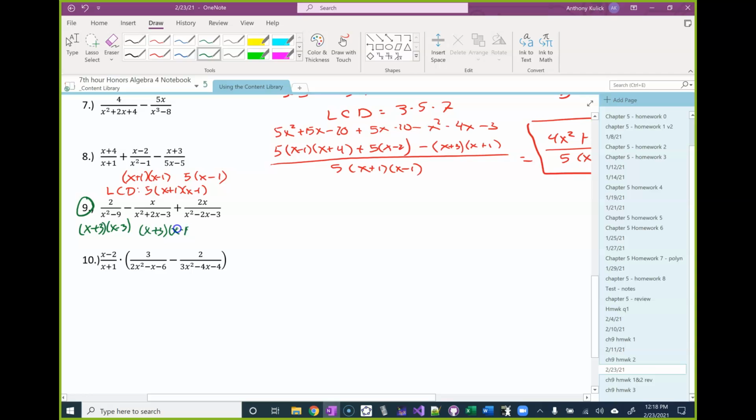And each of those occurs at most one time in any individual fraction, so they're all to the first. So far, so good? If I look at the first fraction, I'm missing the x plus 1 and the x minus 1. I'm missing the x minus 3 and the x plus 1.